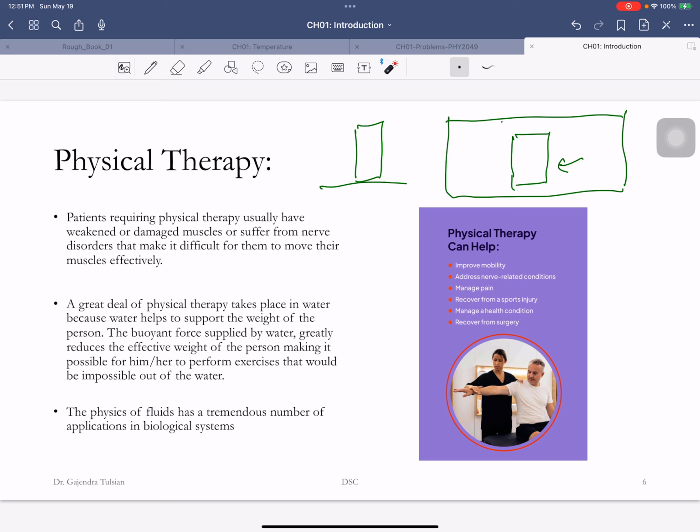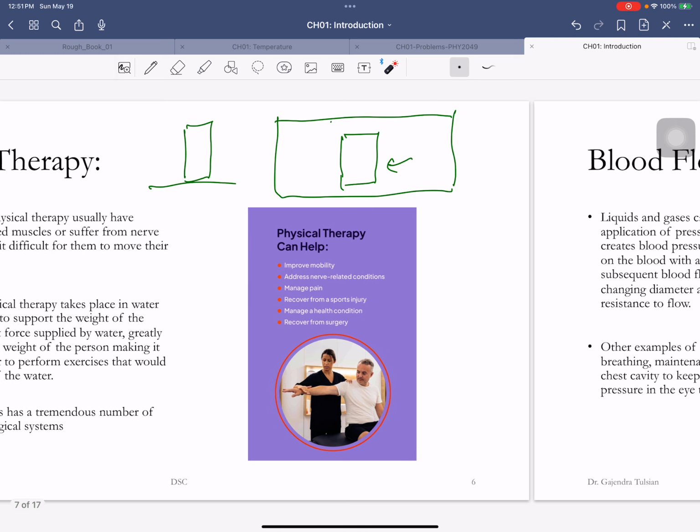We'll study the physics of fluids in chapter 6 or so, and we'll see a lot of applications in biological systems. Physical therapy can help improve mobility, manage pain, and aid recovery from injury and from surgery. We'll discuss the issues involved.